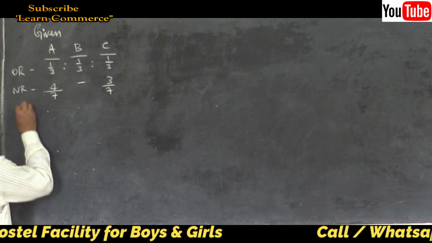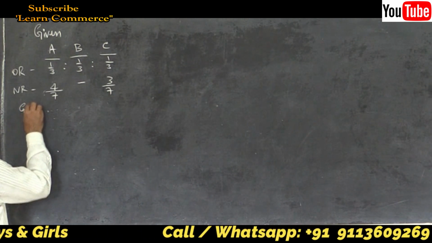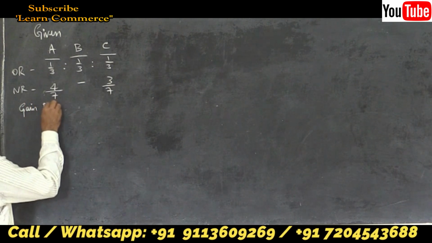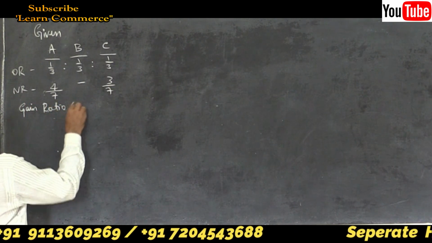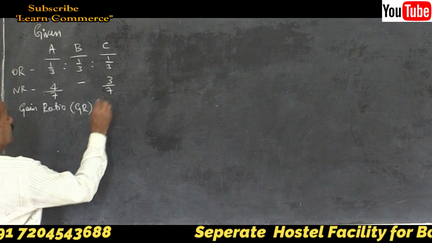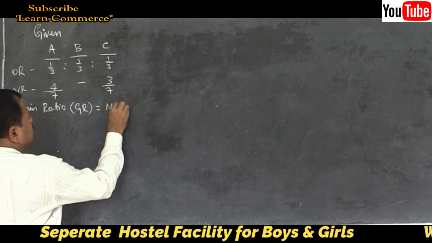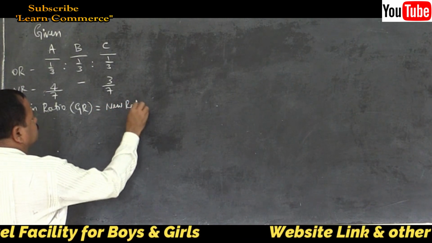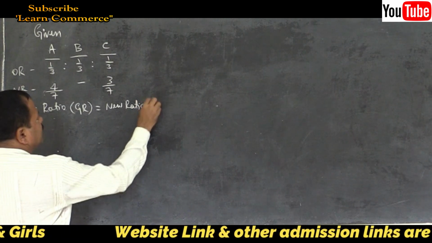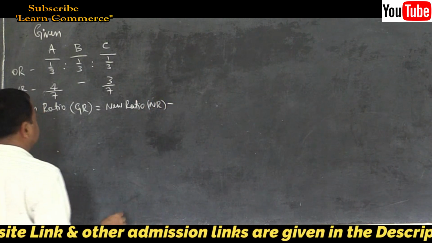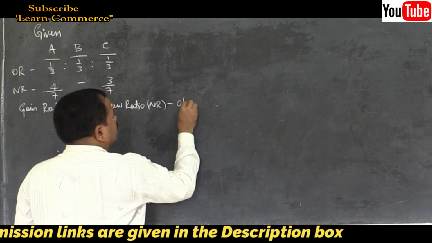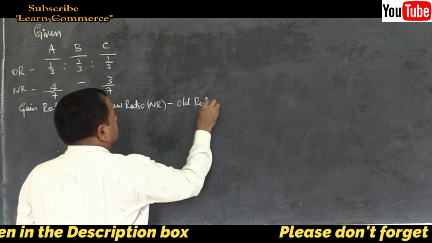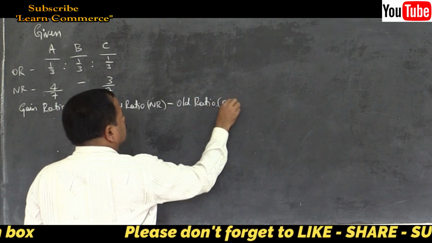So gain ratio is equal to new ratio minus old ratio. GR is equal to NR minus OR.